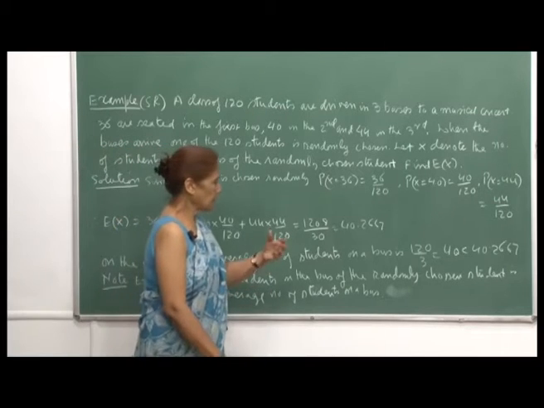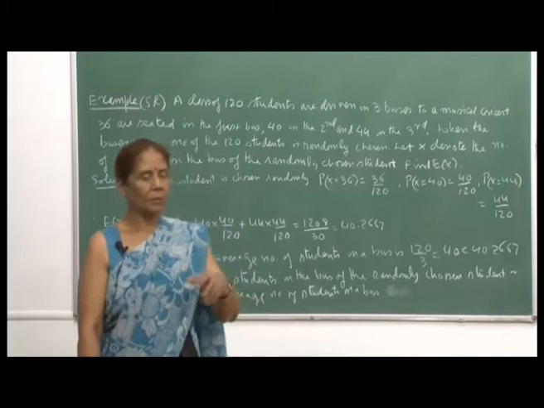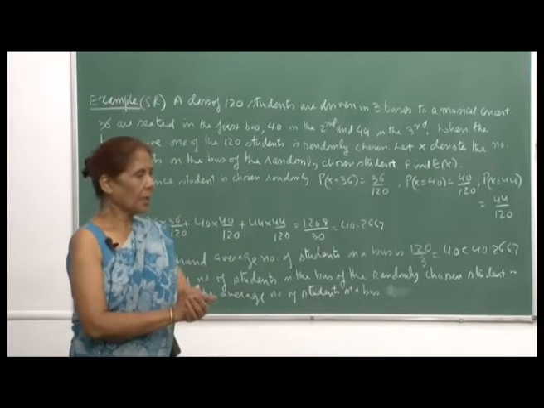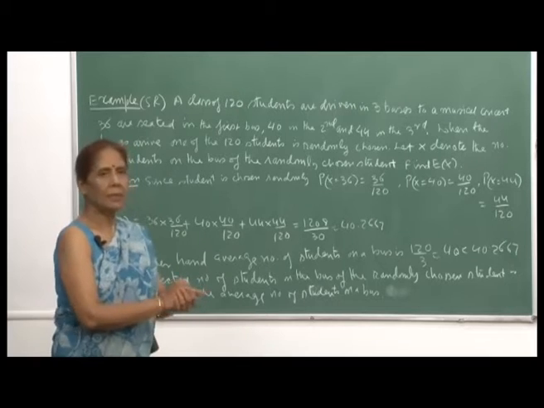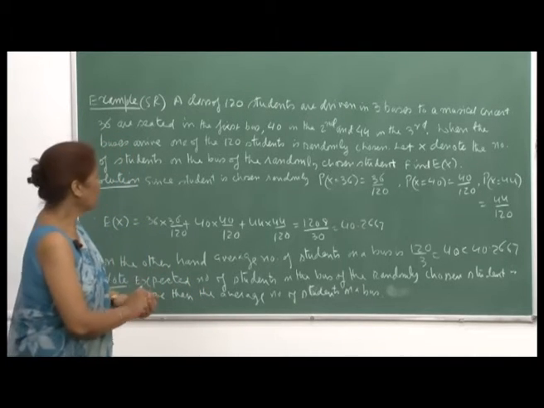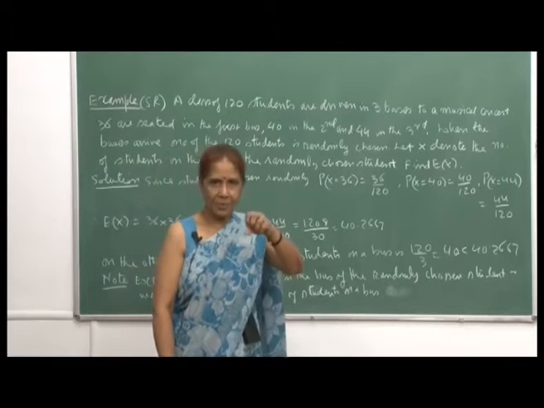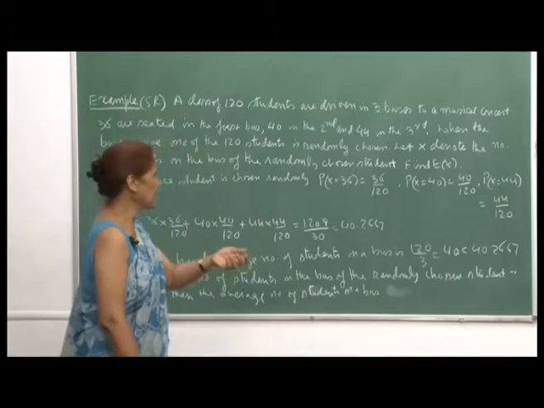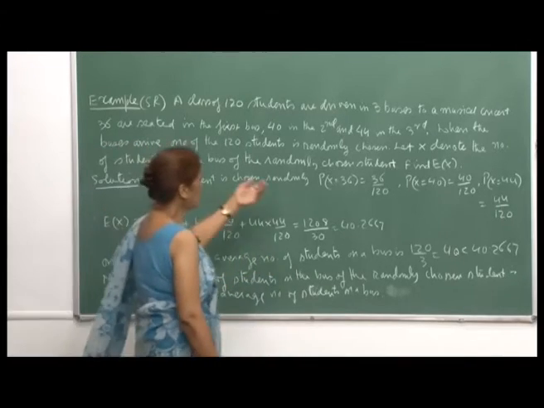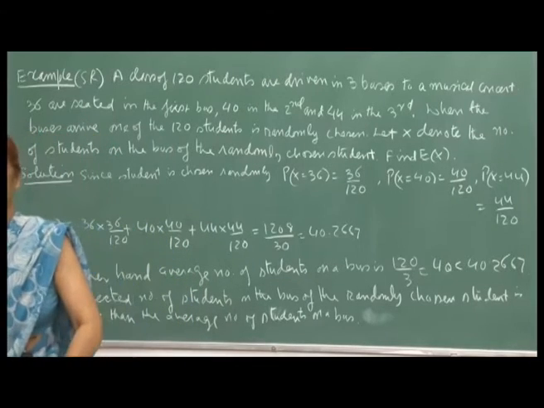Because the more the number of students on a bus, the more possibility of a student being chosen from that bus, because a larger number of students are coming from the bus in which more students were travelling. So, the possibility of choosing that student is higher than choosing from other students.